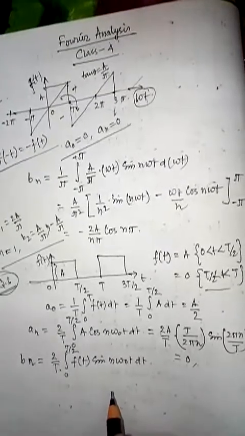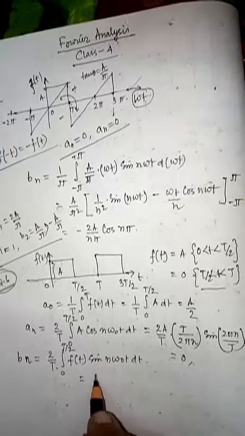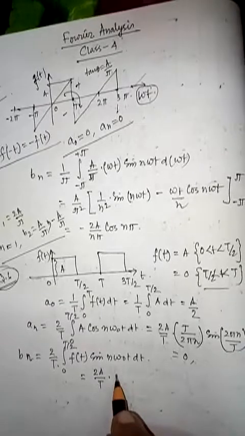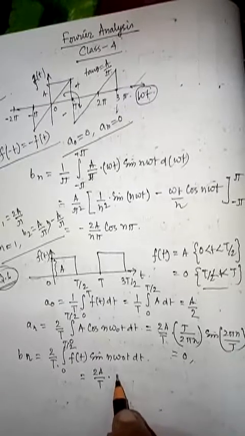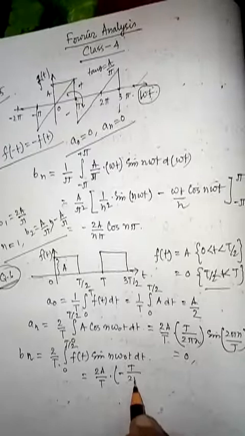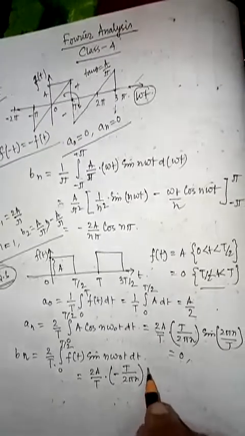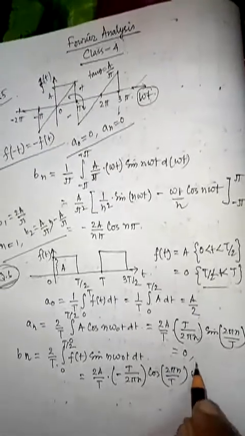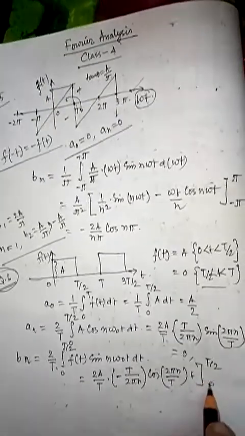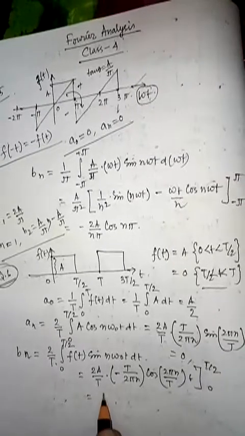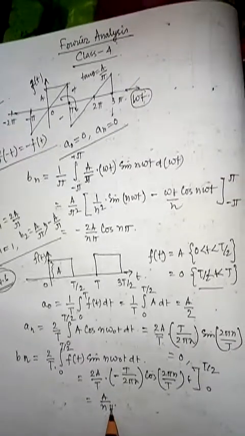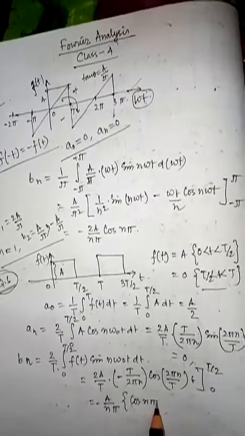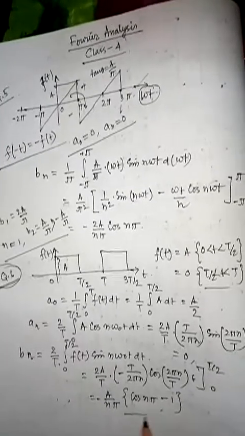So it will be coming as 2A by T into T by 2 pi n into cos of 2 pi n by T into T, with limits T by 2 to 0. So it will be coming as A by n pi, minus cos of n pi minus 1.